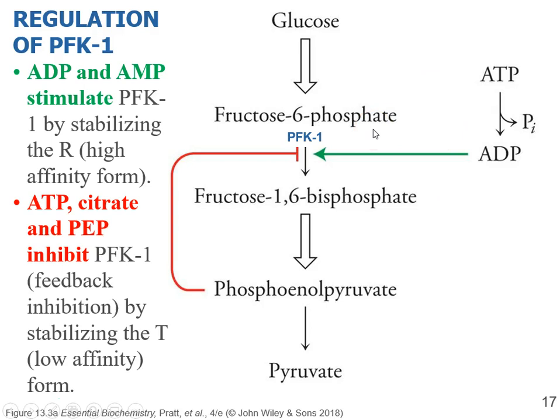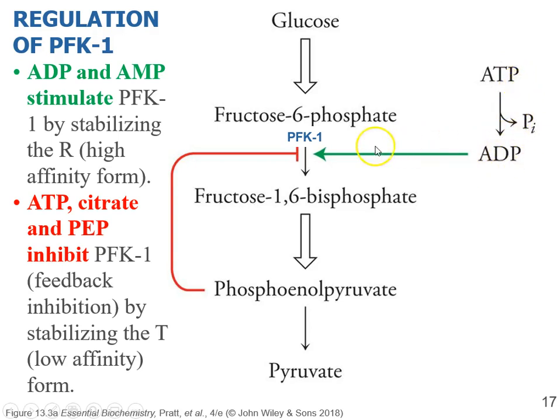So we want to stop here and talk about how PFK1 is regulated because it is so important. So one of the things that we can see is that when the cell is energy poor, it means it's using up a lot of its ATP. And ADP is what is left when you do a hydrolysis of that phosphoanhydride bond.